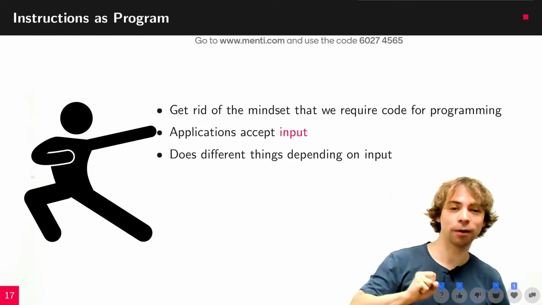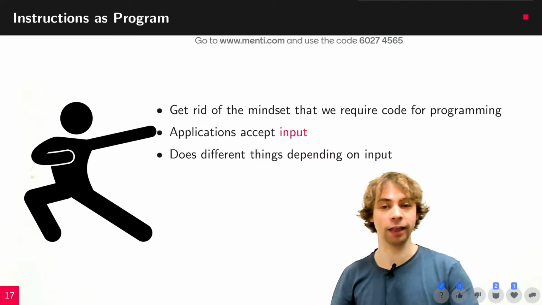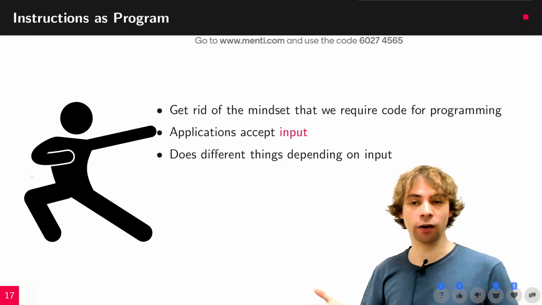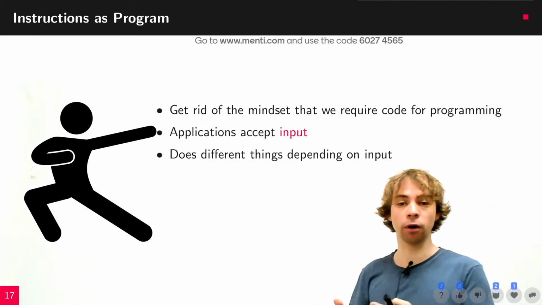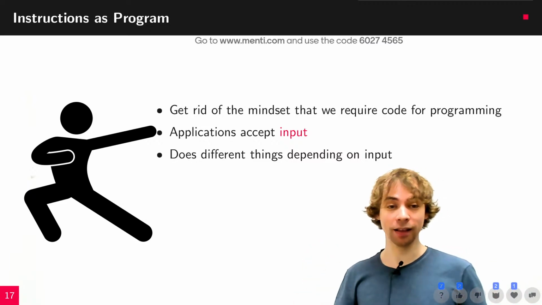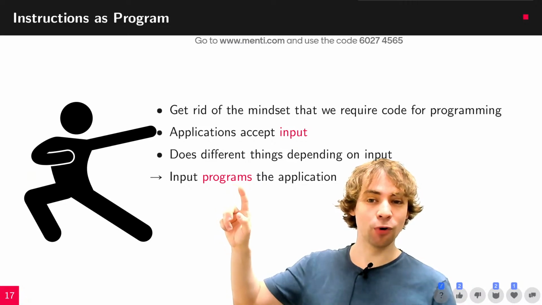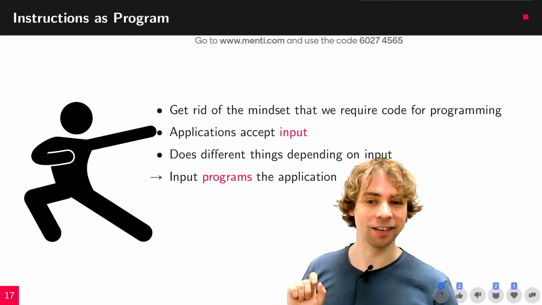So if you think about it, if the application is a finite state machine, a thing that emulates a computer for a specific purpose, like this computer can sort an array, then the input actually programs the application.